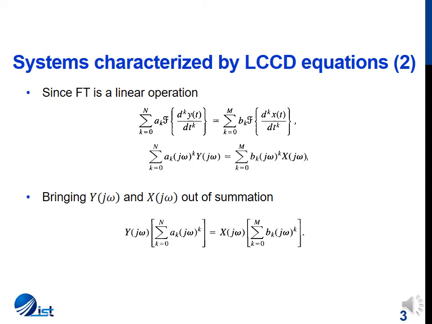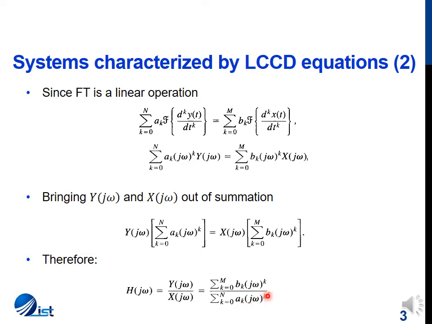Finally, taking the ratio, we have frequency response H(jω), which is equal to Y(jω) by X(jω), which is equal to the sum for k from 0 to m of b_k (jω)^k in the numerator, and in the denominator we have the sum of a_k (jω) raised to the power k.